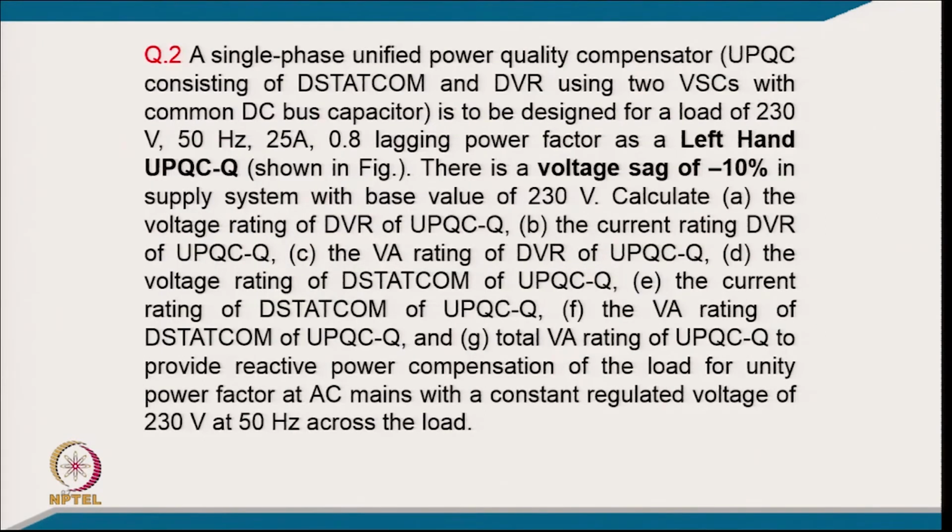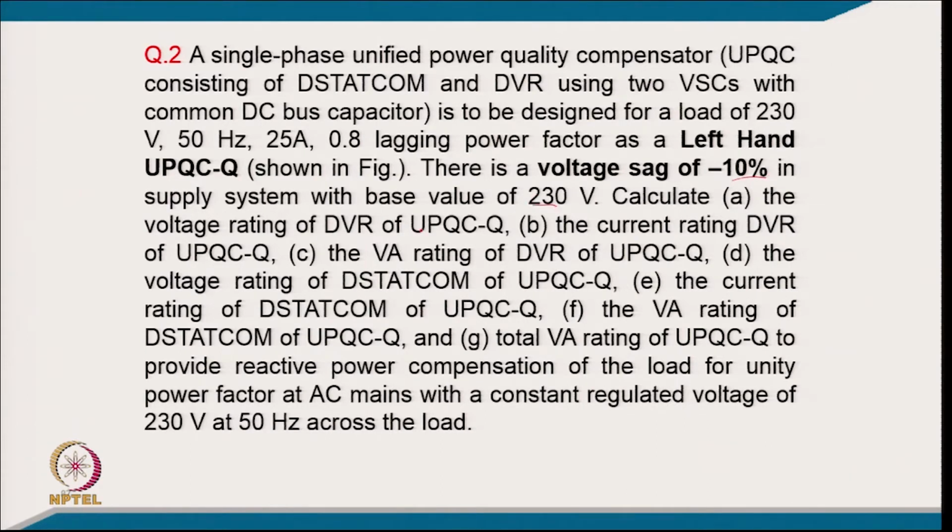So, coming to numerical example second, a single phase UPQC consists of D STATCOM and DVR using 2 VSC with a common DC bus capacitor, designed for a load of 230 volt, 50 hertz, 25 ampere, 0.8 lagging power factor, and there is a voltage sag of 10% in the supply system with the base supply voltage of 230 volt.